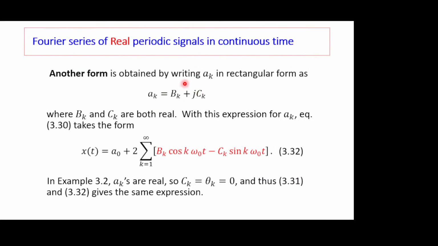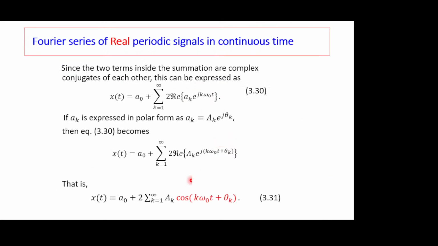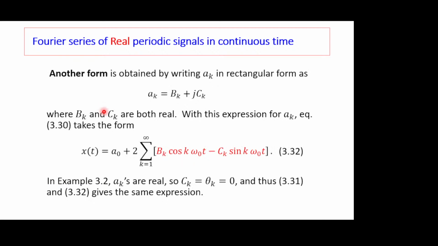In the polar form you see theta_k equals 0, and in the rectangular form you see c_k equals 0. So it's just summing over cosine of k omega naught t, the same expression. Okay. And any questions for the real representation?